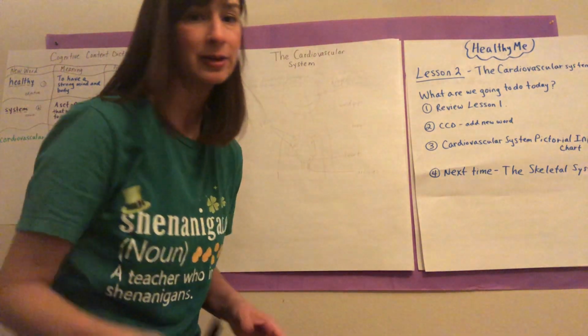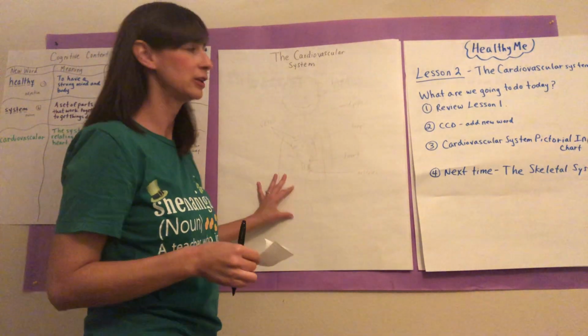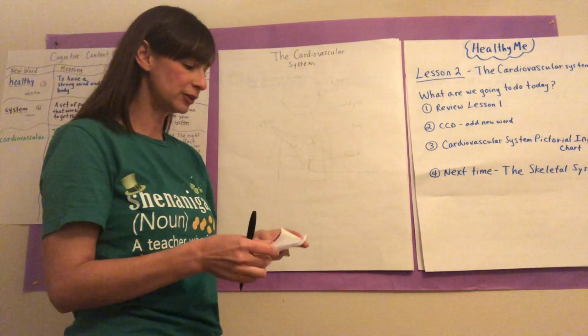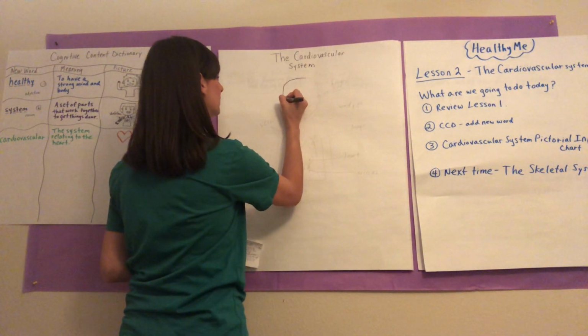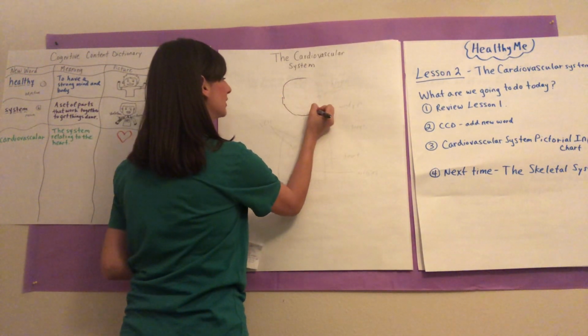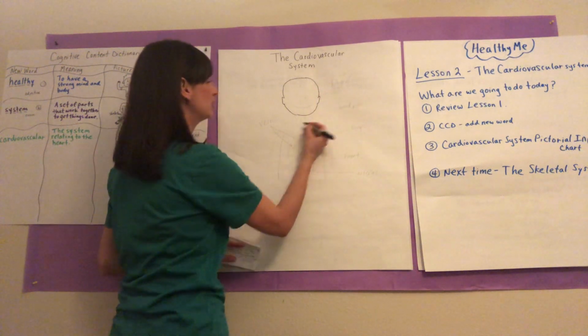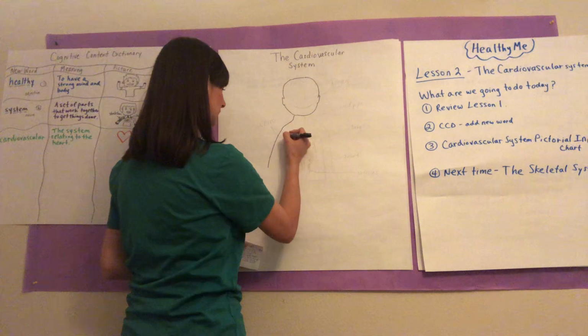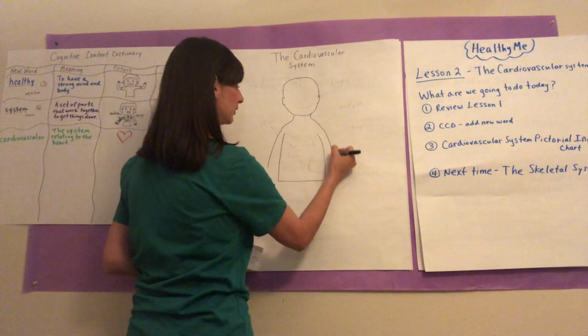This is our cardiovascular system, and this is called a pictorial input, where we draw a picture. So what we're going to start with is I'm just going to draw the outline of our chart. This is something that you can do along with me, or you can do it after I'm finished. And this is just to give you an example of what this system looks like.